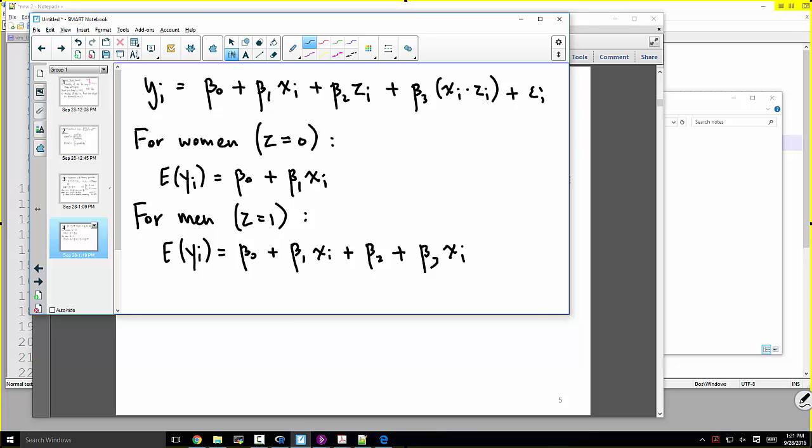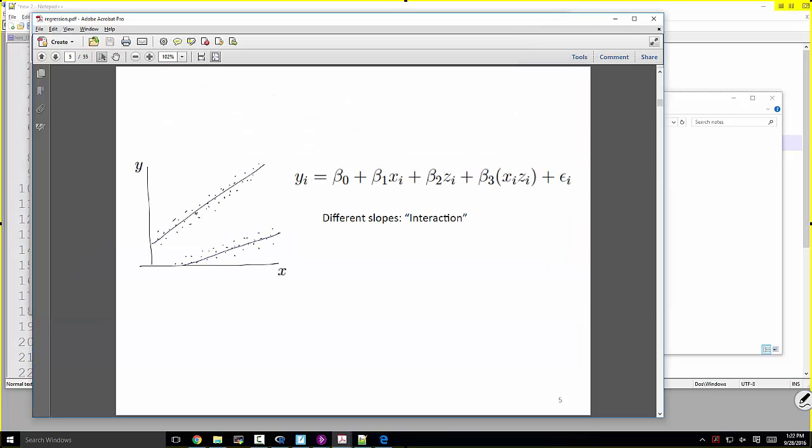And then if I join like terms, we can write this as beta 0 plus beta 2 plus beta 1 plus beta 3 xi, which is another line. But this line is allowed to be different from the one for the women in terms of both intercept and slope. So we will use interactions here and there.